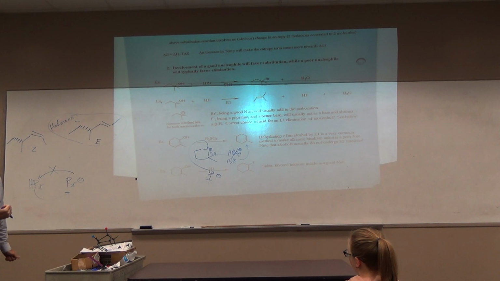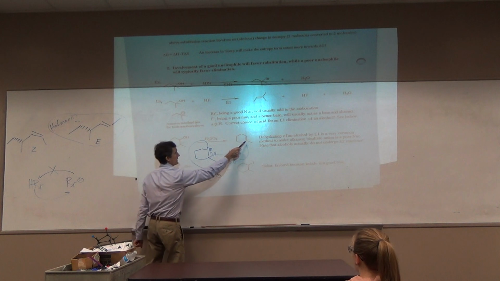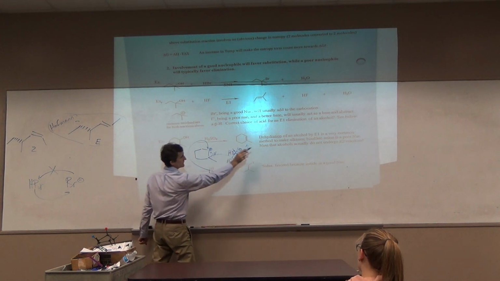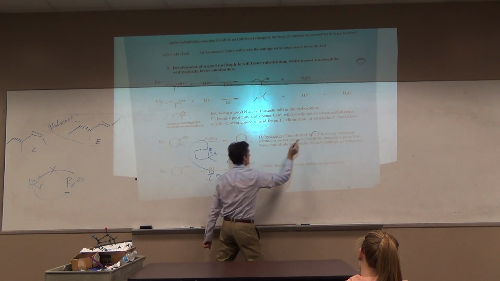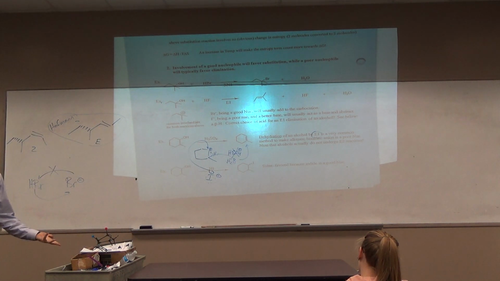Got a good nucleophile, you're going to be more prone to having substitution. If the species is a terrible nucleophile, more likely to get elimination. And a common reaction is dehydration of an alcohol. By what mechanism did we do here? E1, using sulfuric acid because the conjugate base is a terrible nucleophile. And all it will do is eliminate.